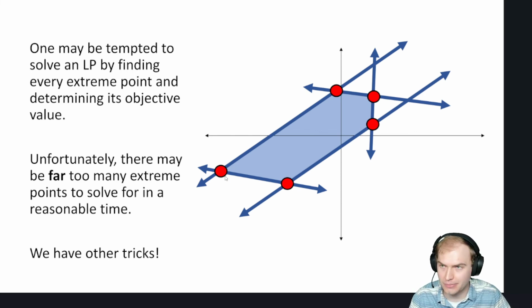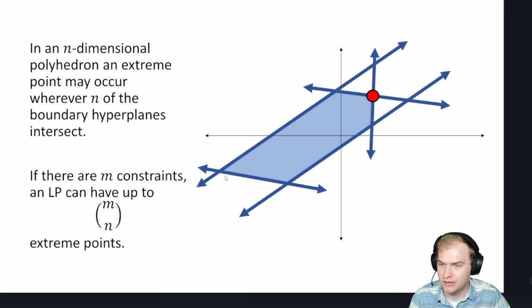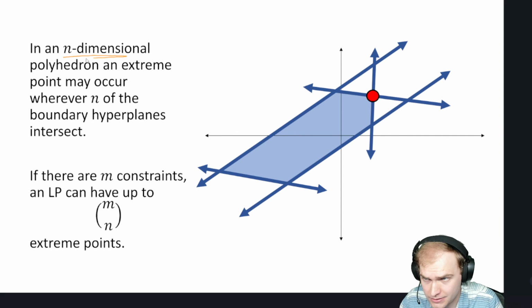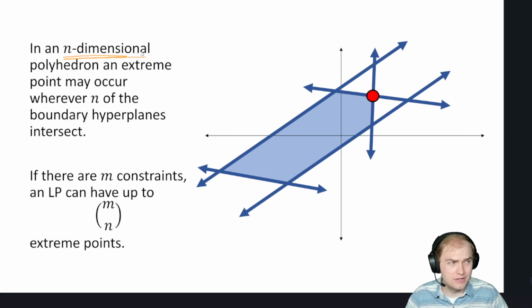Let's go back to that slide I skipped earlier and talk about why that is. So in n dimensions, a polyhedron has an extreme point wherever n of our boundary hyperplanes intersect.